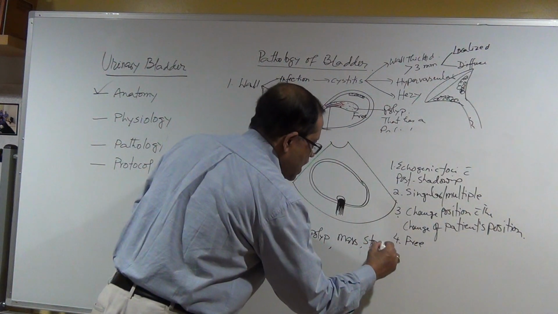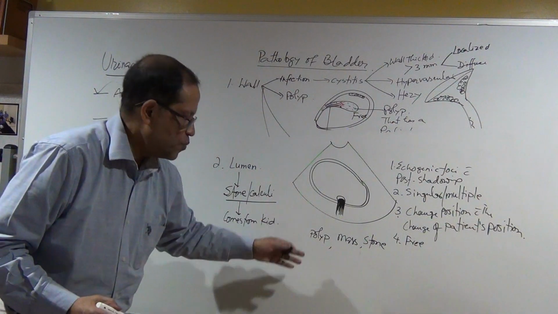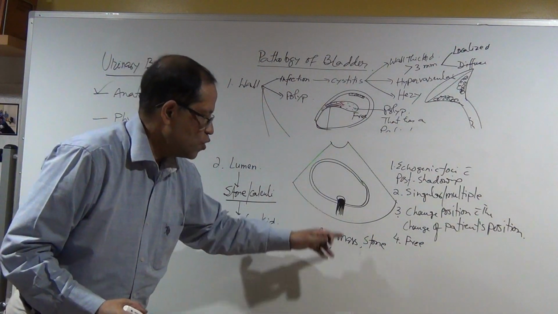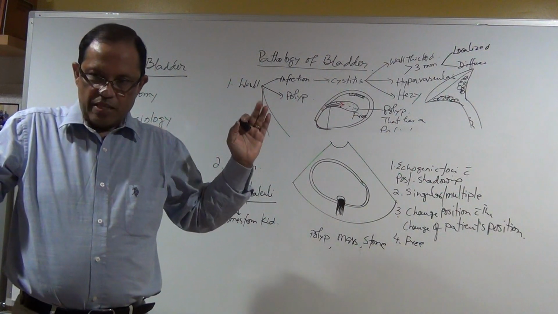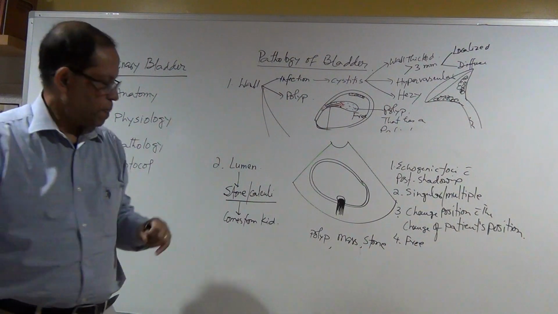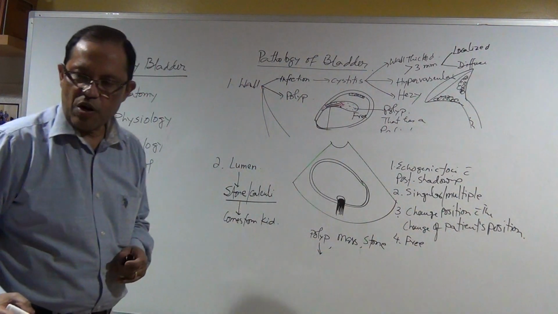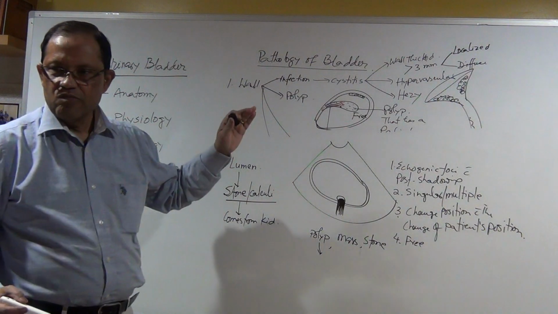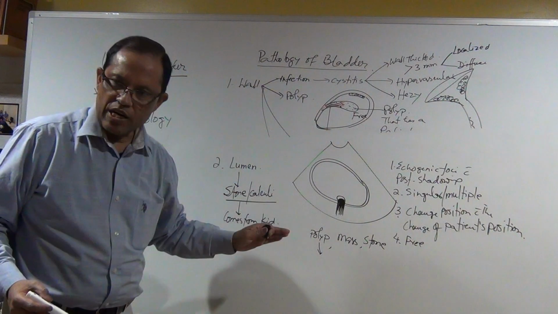Now, question: how are we going to differentiate whether this is a polyp or no polyp, a mass or no mass, a stone or no stone? Give me the clean 2-3 differentiations. The stone is brighter. If it is a polyp, what are the characteristics? It would be less bright, no shadow, homogeneous, pedunculated.